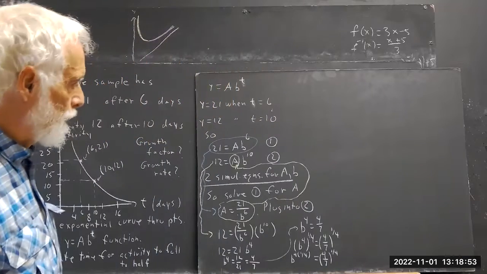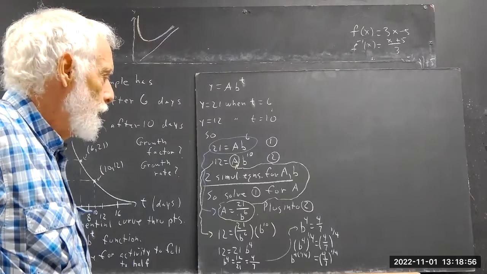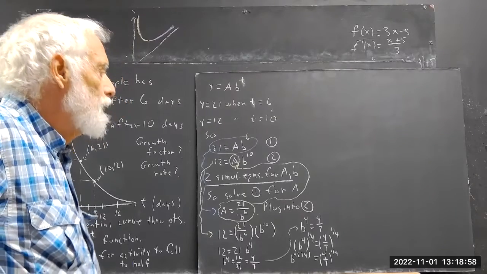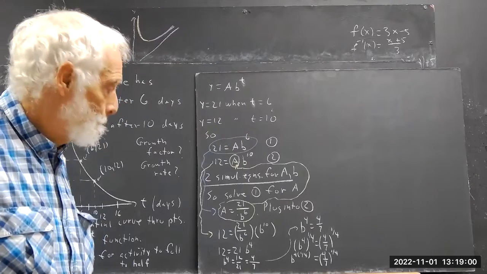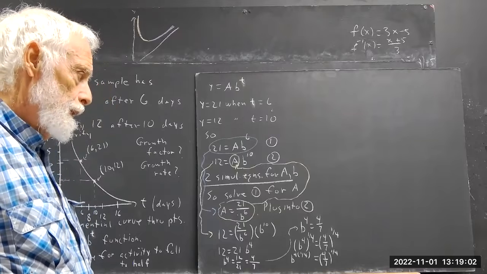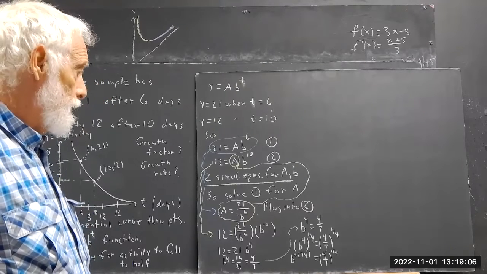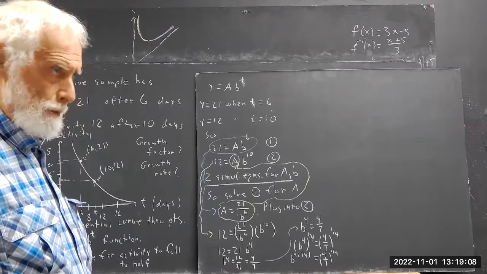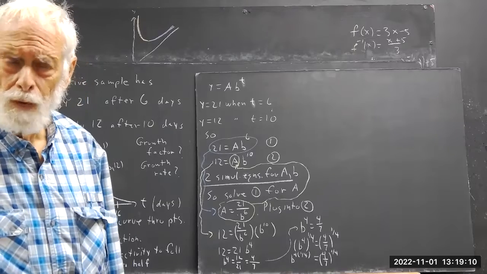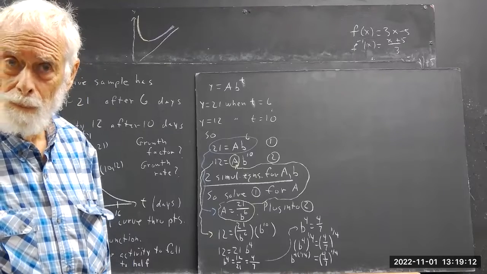Now, ballpark, that's 0.6 to the 1/4. A little less than 0.6. I know that 0.9 to the 4th power is 0.63 roughly, so 65. Okay.